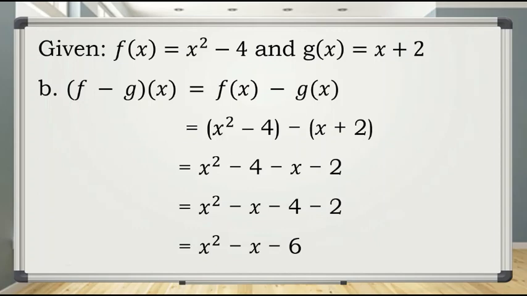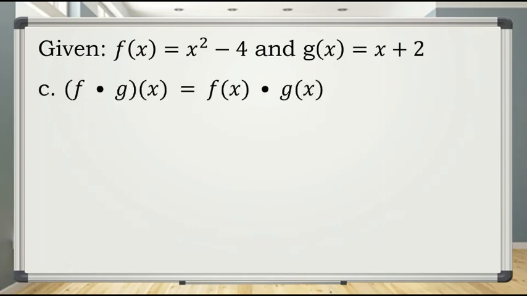Then, bring down x squared, negative x, and simplify negative 4 and negative 2. This time, they have same sign. So, you have to add. Okay? Ipa-plus lang natin yun. And then, copy the sign. So, ang sign nila ay negative. So, 4 plus 2 is 6. Therefore, the f minus g of x function is x squared minus x minus 6.